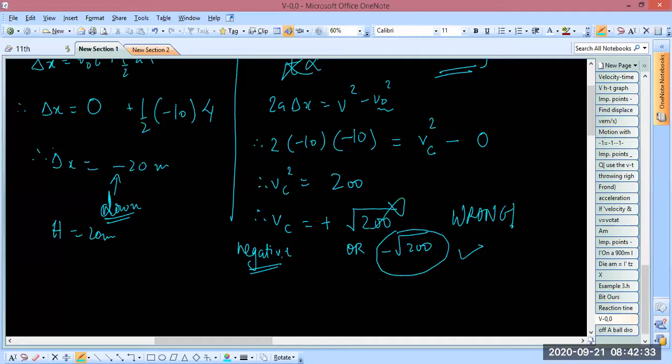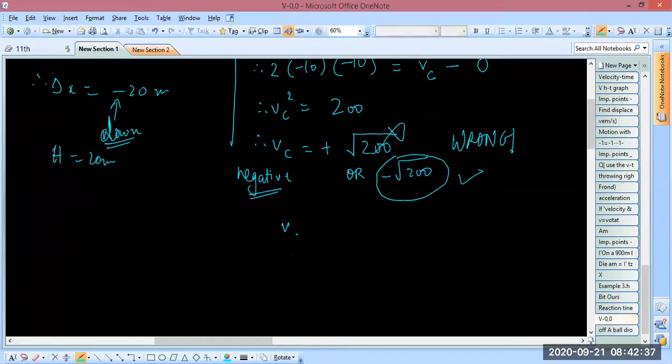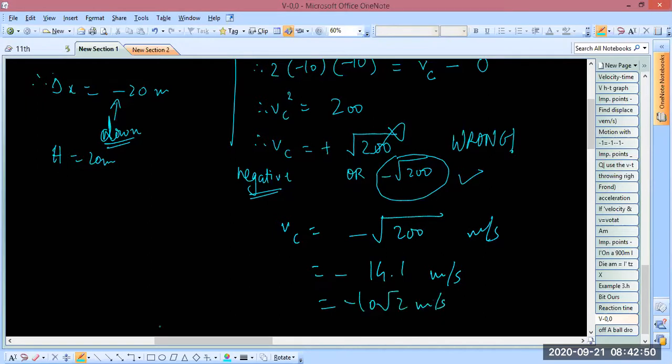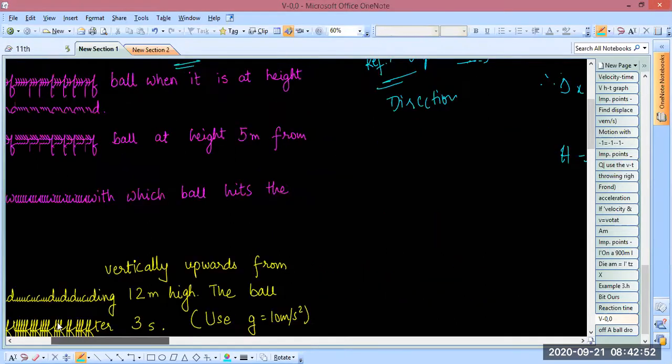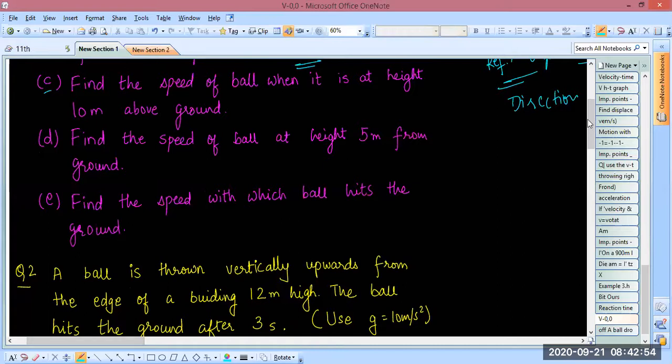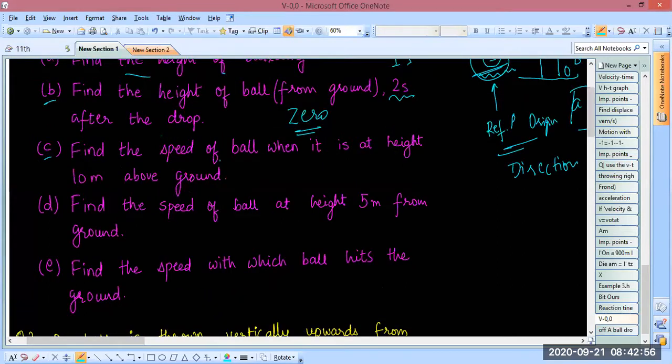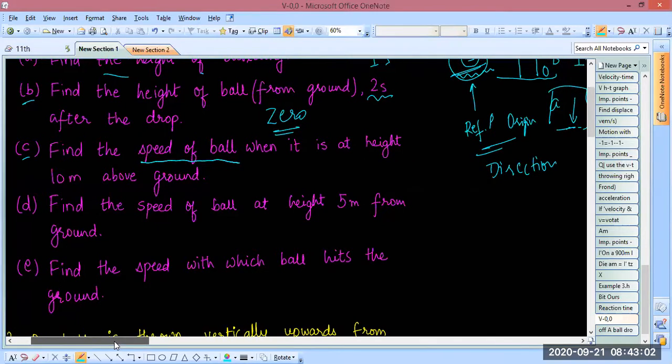So the final answer is that the velocity is minus root 200 meter per second, or minus 14.1 meter per second, or minus 10 root 2 meter per second. I don't mind. But now let's read the question. Not velocity, but speed.